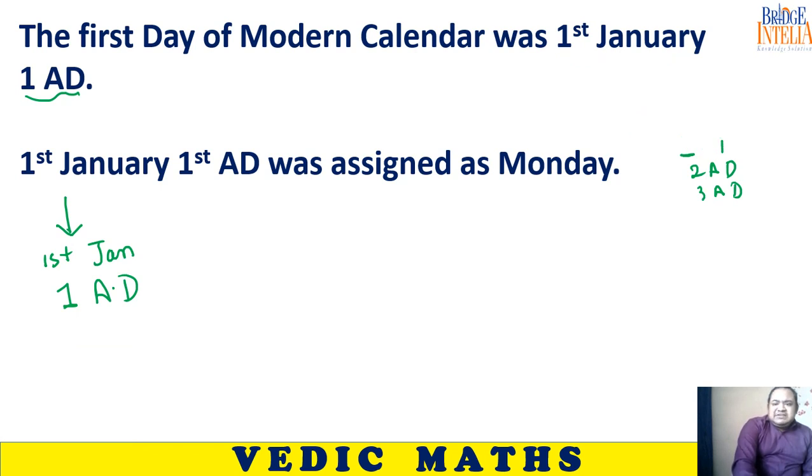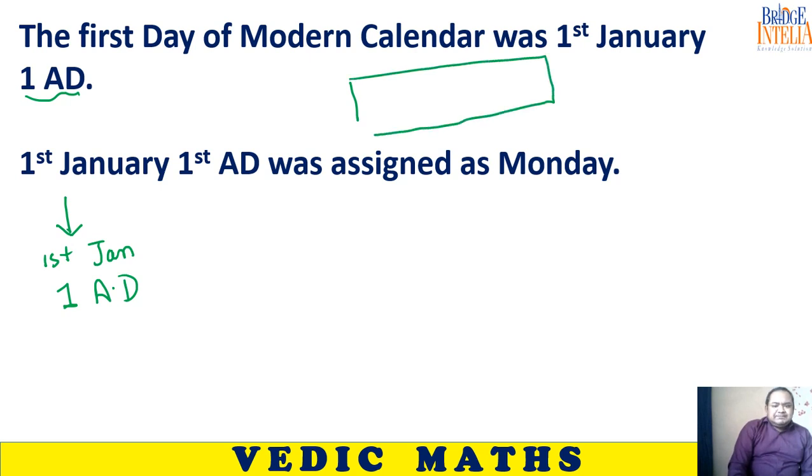Now 1st January 1 AD, the first day of the calendar, was assigned as a Monday, not as a Sunday but as a Monday. So you can say the first week of modern calendar history begins from Monday, or the week of a modern calendar begins from Monday, not from Sunday.